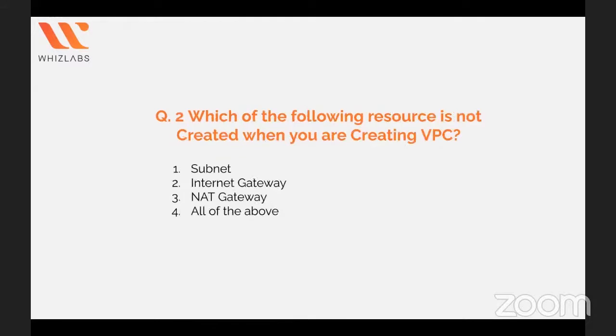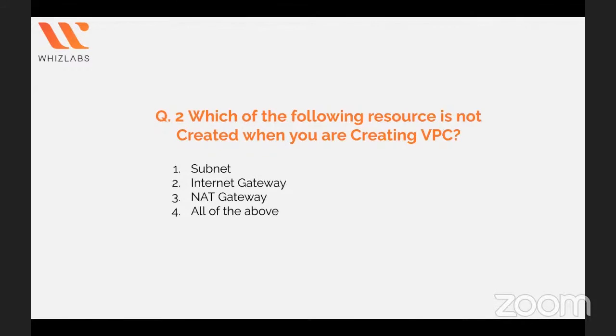Which of the following resources is not created when you are creating a VPC? Alongside the VPC, there are a few resources which are created and a few which are not.